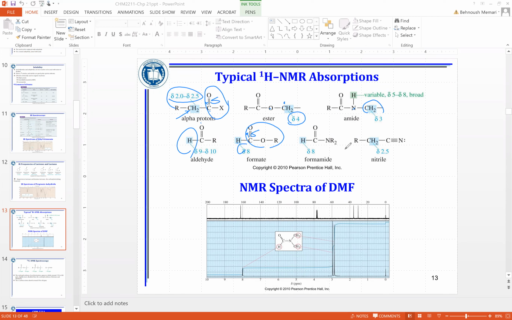For formamide and formate it would be 8. And then for nitrile, the nitrile doesn't show any peak in the proton NMR because there is no hydrogen on the nitrile, but it is acting as an electron withdrawing group. So the hydrogen on the adjacent carbon is going to shift to a higher number.